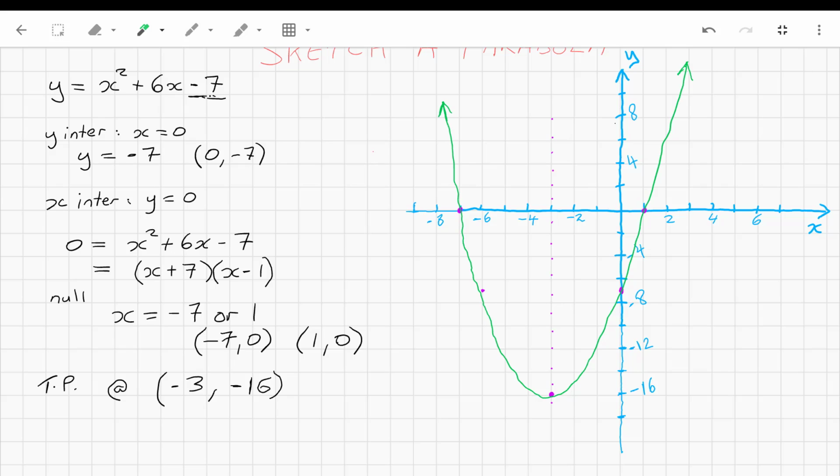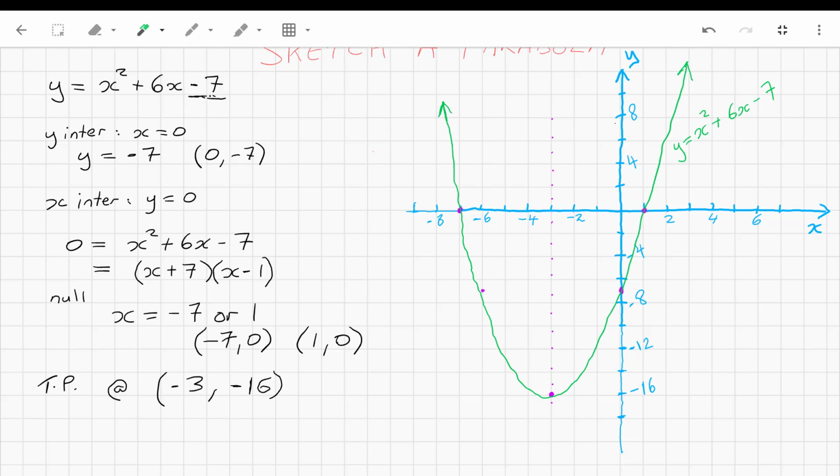Okay, so there's a half decent looking graph. Y equals x squared plus 6x minus 7.